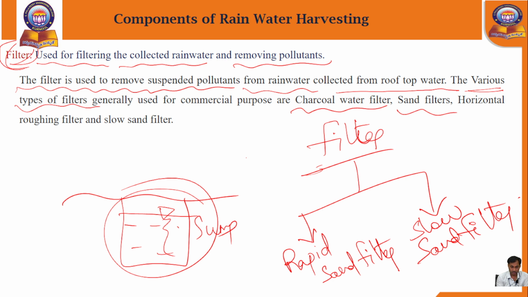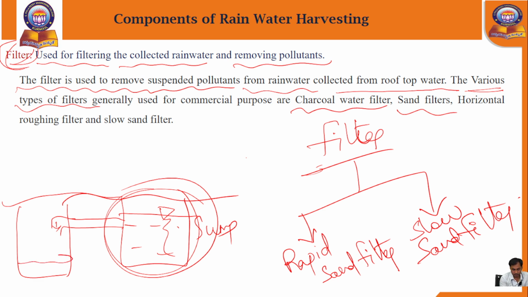Okay, right. In the filtration process, the rainwater collected in the sump is again sent into the filtration process. This is the filtration tank. Here cotton is provided, next charcoal, next sand particles and some small chips, coarse aggregate types of particles.